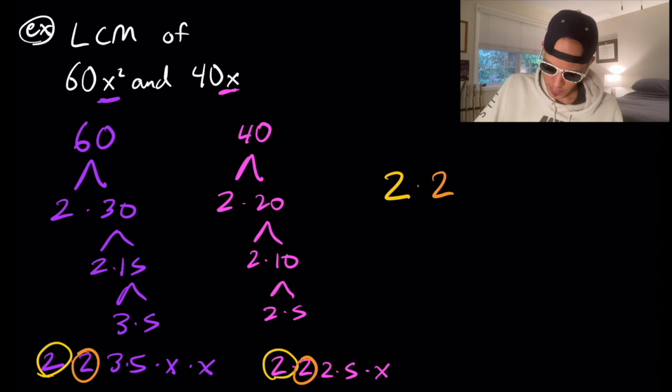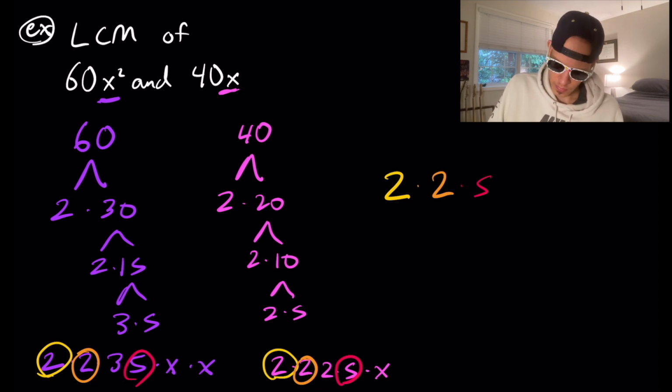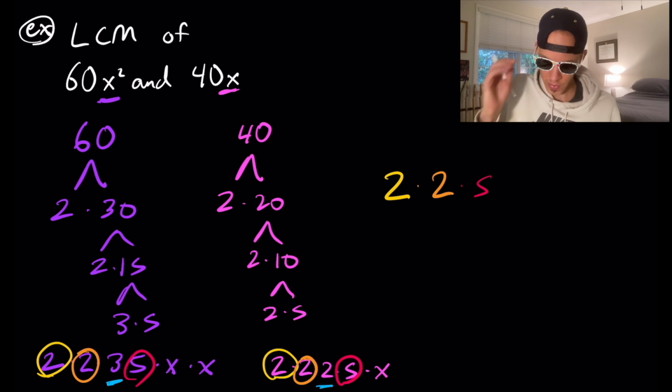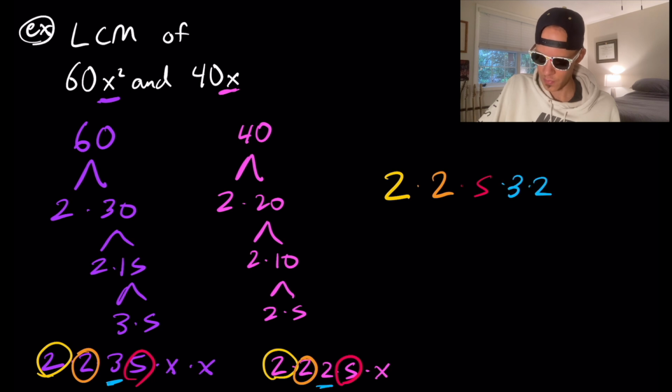We also got this 5 and 5 here, so 5. And then the 3 and the 2 right here. Since they can't pair up with anything else, we're just going to include them in this multiplication.